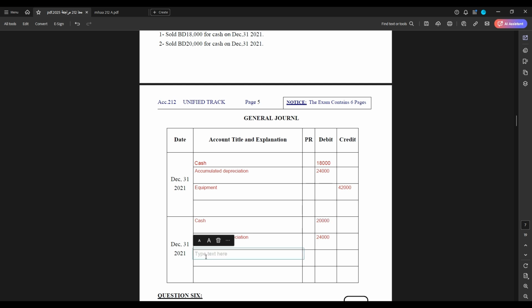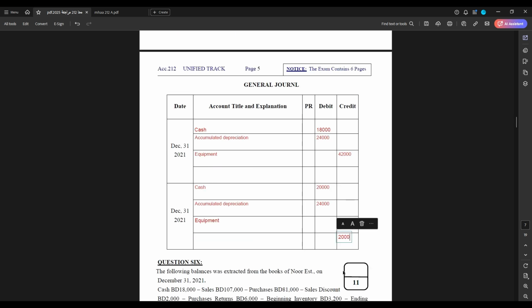and credit equipment 42,000. So we need to match both totals. Here we have 44,000 because we add 20 plus 24,000, and here we have 42,000. So the remaining amount is gain of 2,000 will be on credit.